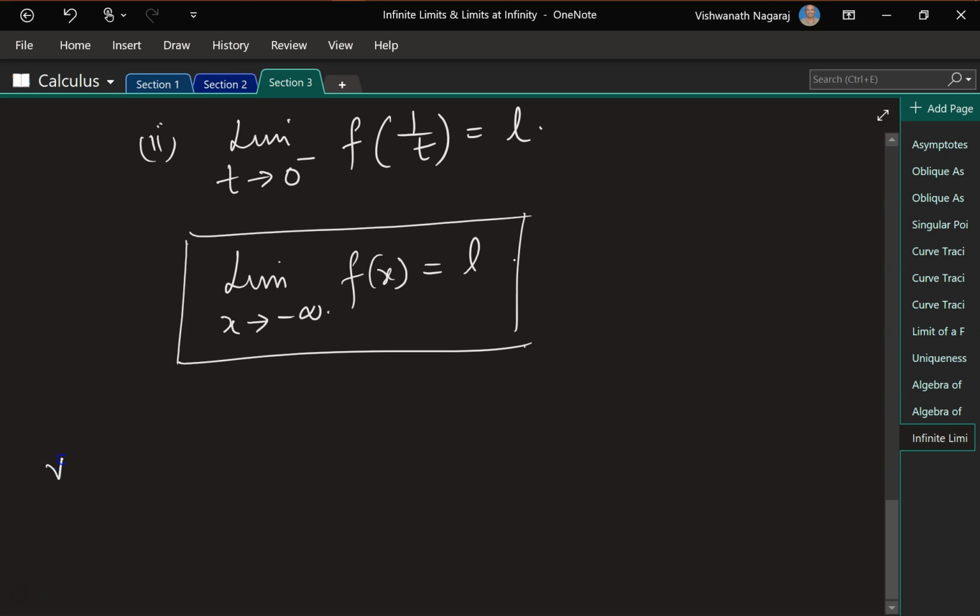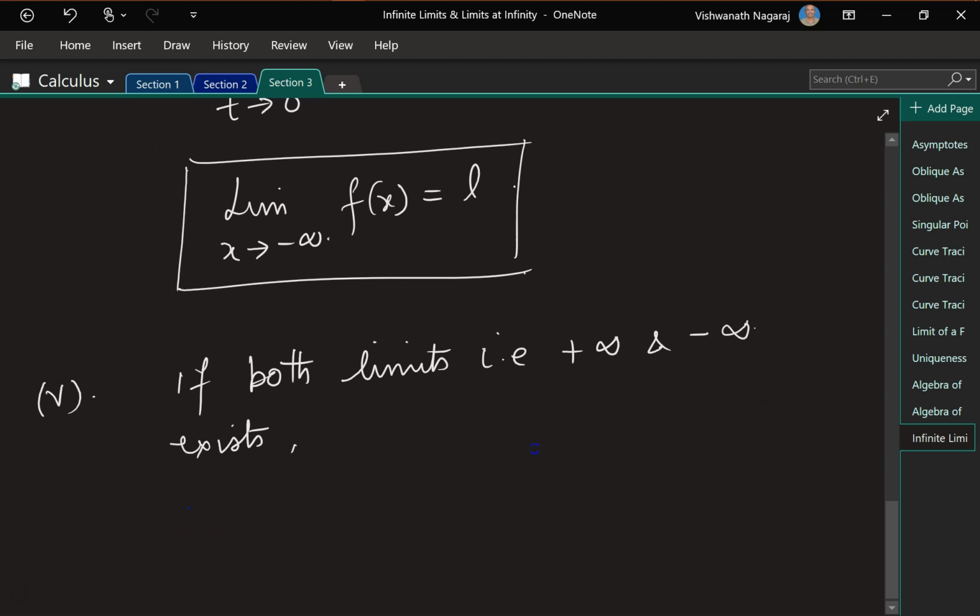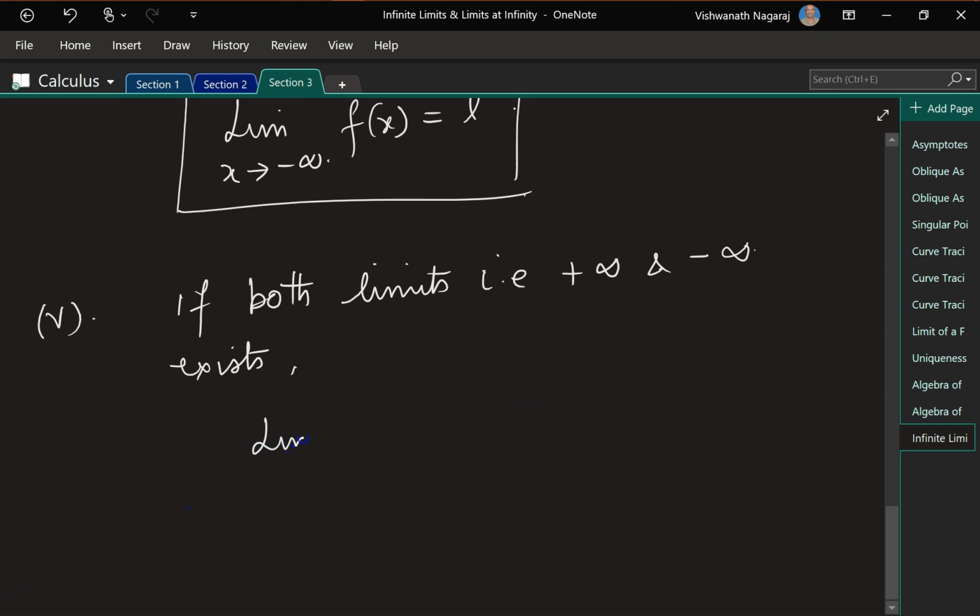Okay, let's look at another aspect. If both limits, that is positive infinity and negative infinity, both exist, we write it as limit as x approaches infinity of f of x.